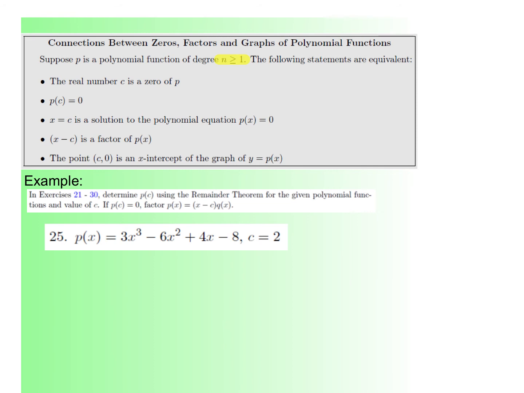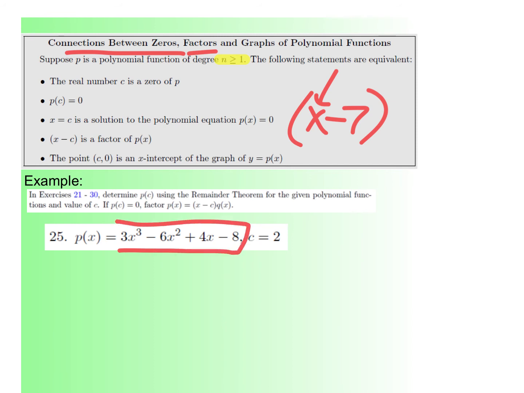Okay, so here is just a reminder of the same thing I just said, that there's a connection between the zeros and the factors. As in, if you factor something and it's x minus 7, you just said that 7 makes this thing equal 0. So if I put a 7 in that, it will make it equal 0.